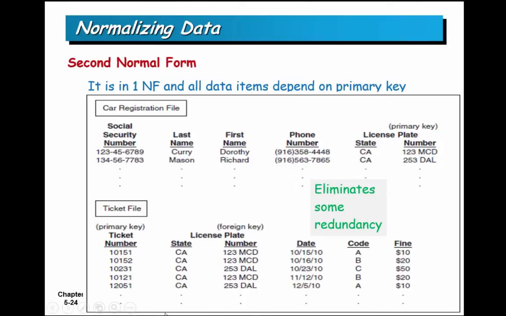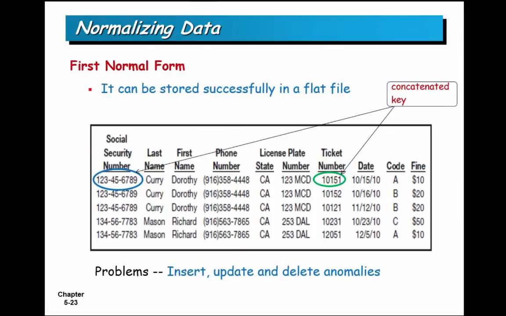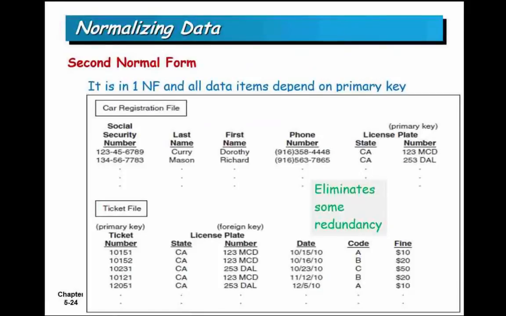So the second normal form. The first normal form is: data is in the first normal form if you can successfully store it as a flat file. Data is in the second normal form if all data items depend on the primary key. And you're pretty good there. But you need to take this to the third normal form.